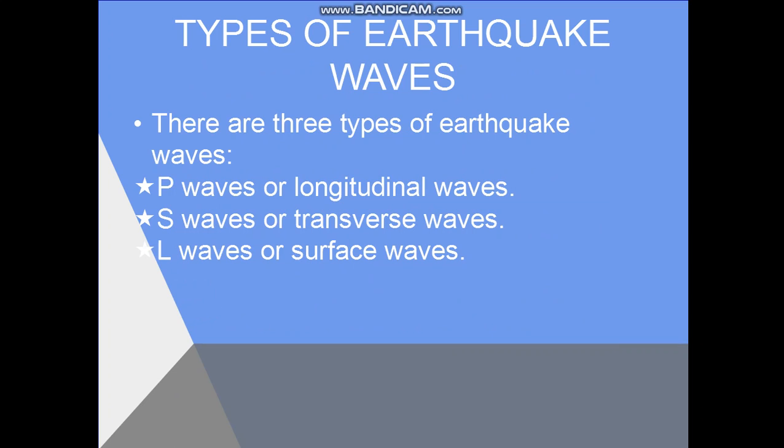Now we have types of earthquake waves. These are of three types: P waves, L waves and S waves. P waves are longitudinal waves. S waves are transverse waves and L waves are surface waves.